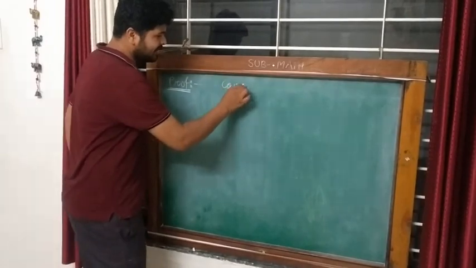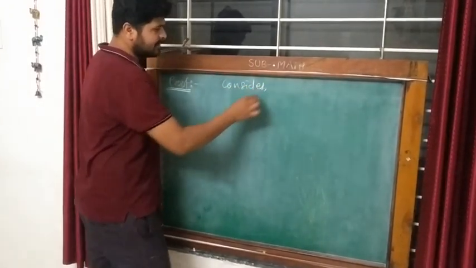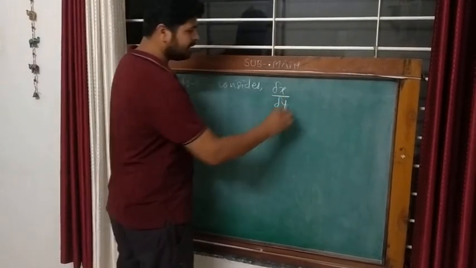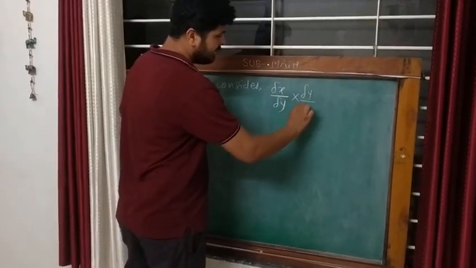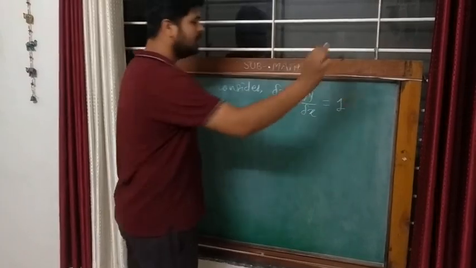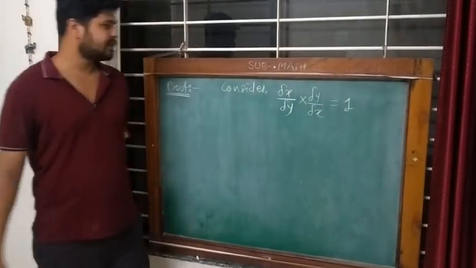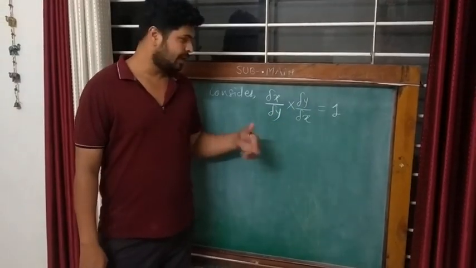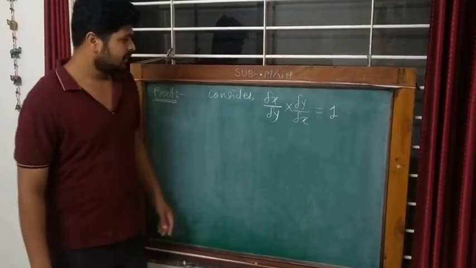So now we consider delta x by delta y into delta y by delta x is equal to 1. How do we take this expression? Here delta x cancels with this, delta y cancels with this, and you again get 1 equal to 1, right?